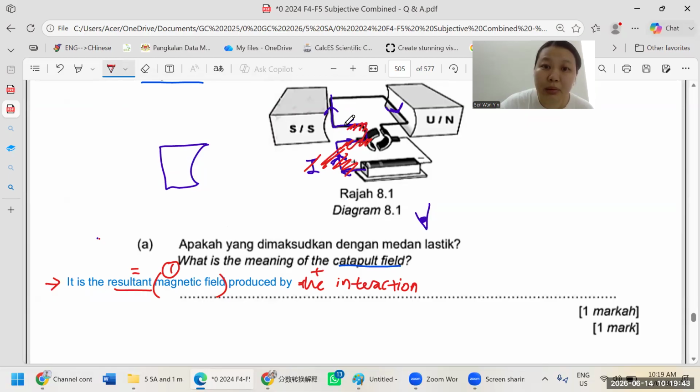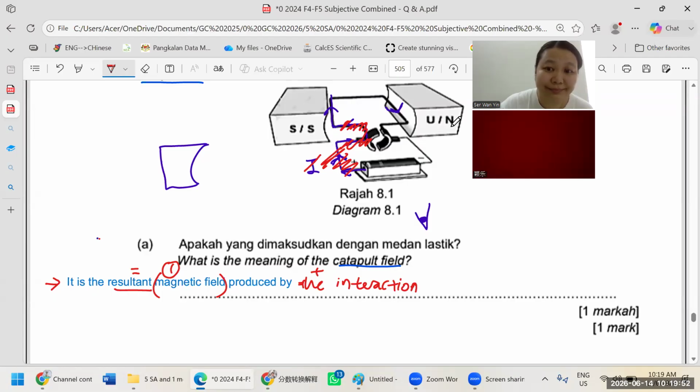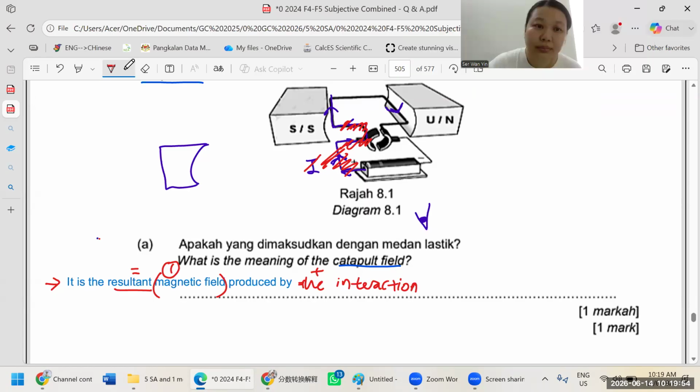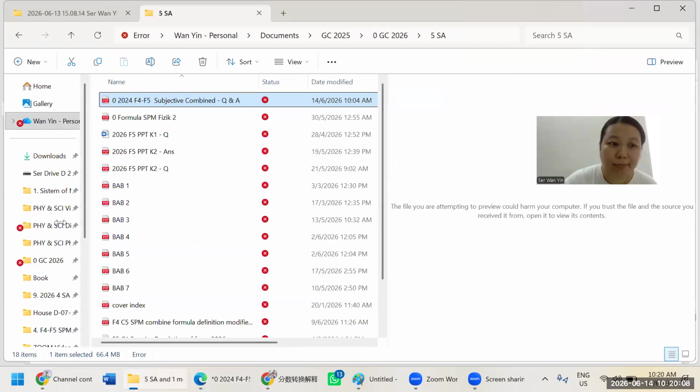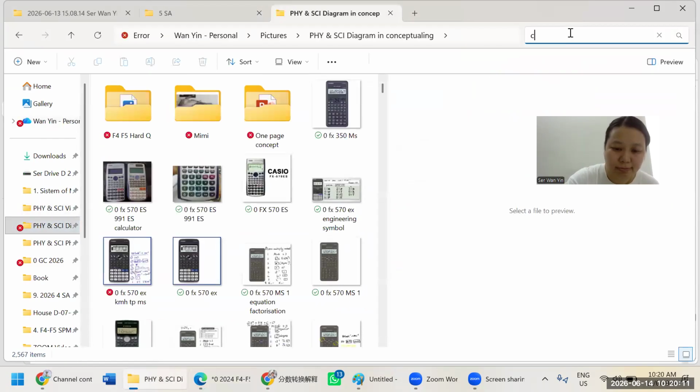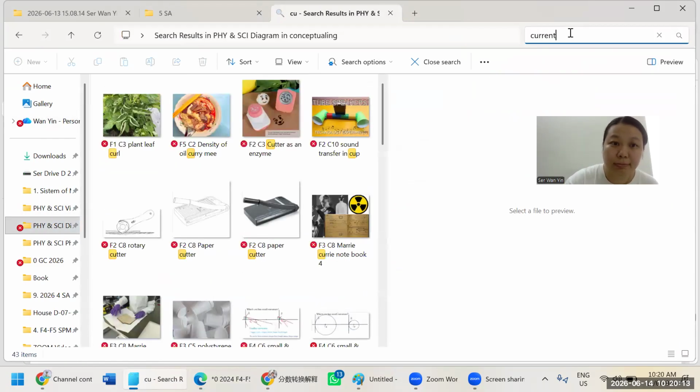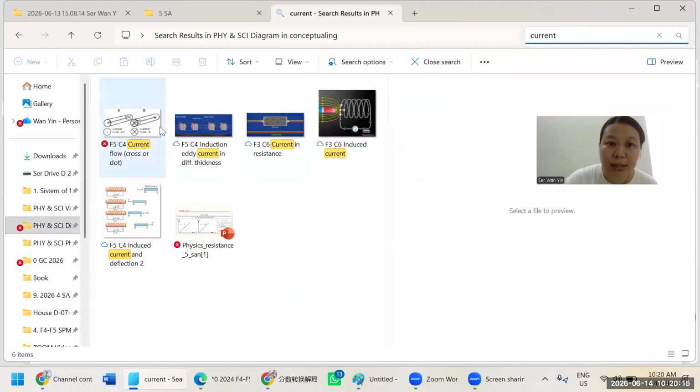We just care about the current going inside the paper. So now we put a circle here, going inside.